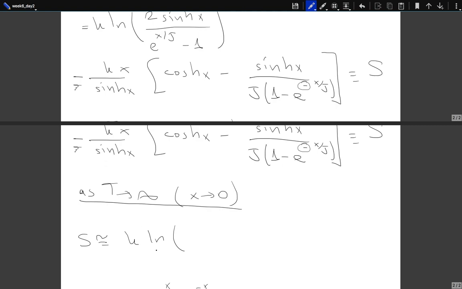Well, it has k logarithm of twice sinh of x, this is twice x, divided by e to the power x over j minus 1. Well, that is x over j. So x times j. This is the first term. Minus kx sinh x, we just said that that is approximately x. Here we have 1 minus that term, which is again x over j.